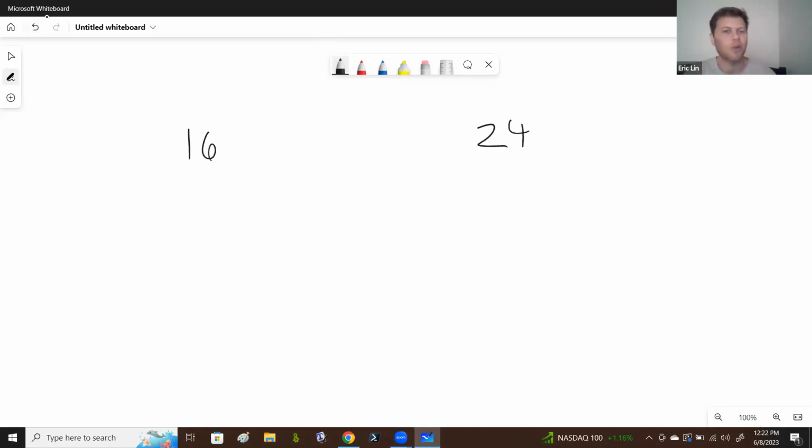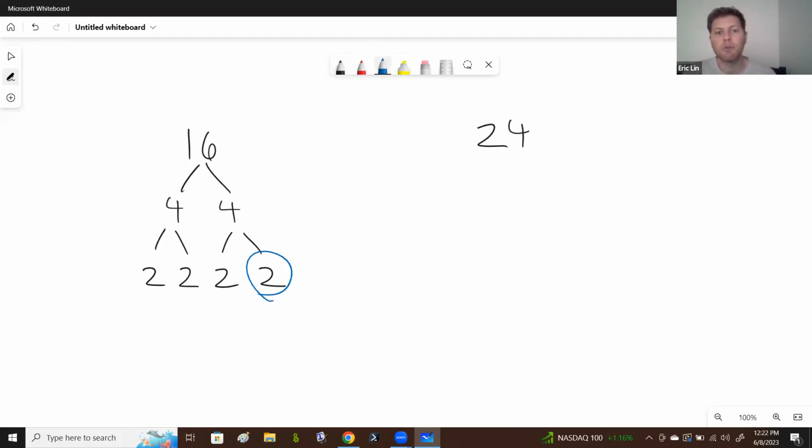I'm going to do prime factorizations for both of these. So 16, I'll say, is 4 times 4. And each 4 can be split up as 2 times 2. All right, great. Those are all prime. I can't go any further. So 16, I can just rewrite as 2 times 2 times 2 times 2.